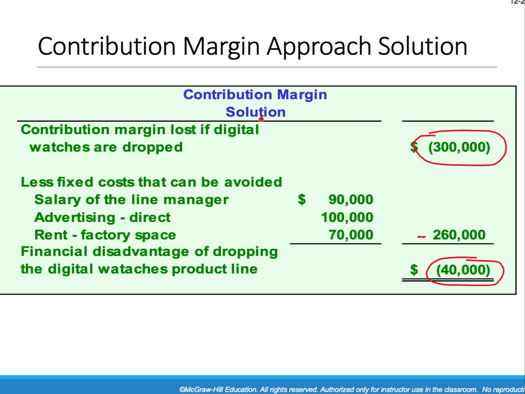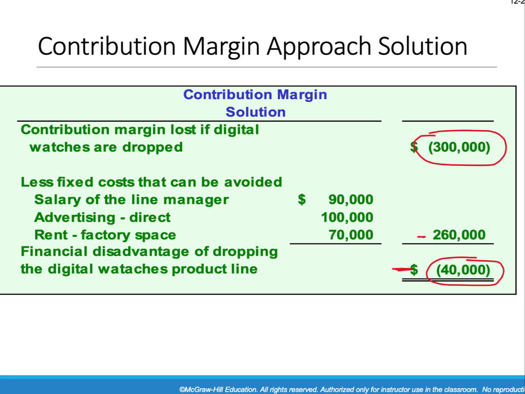What are we gaining, right? We're losing $300,000 of contribution margin. What fixed costs are we saving? We compare the two. If we're in a negative like we are here, we're losing $40,000, we probably don't want to get rid of it, okay?